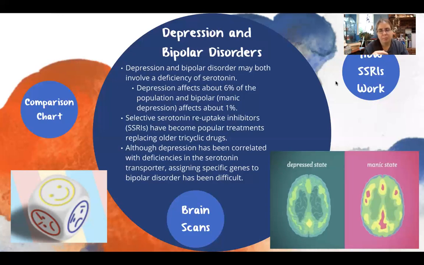Someone with bipolar disorder jumps from one extreme to the other. So they can be super happy and jubilant one moment and then very quickly switch to very highly depressed. And because of these massive switches, they're not quite sure what's going on with bipolar disorder in terms of the hormone levels yet. They're still studying it.